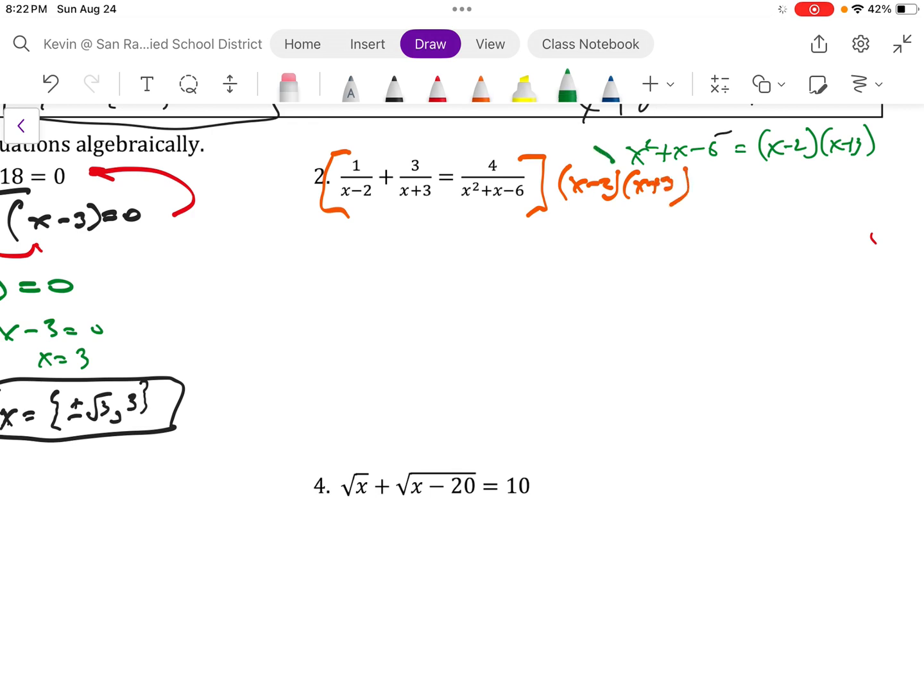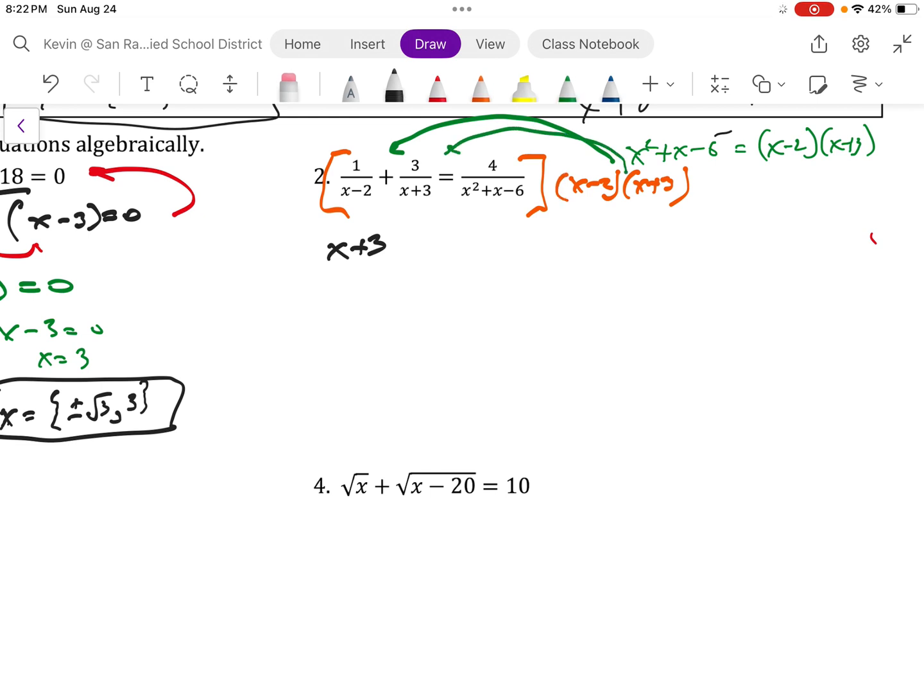As we distribute this into here, I'm left with x plus 3 because this and this cancel out. And I've got to rewrite it. Okay. And then I'm going to do the same thing here.